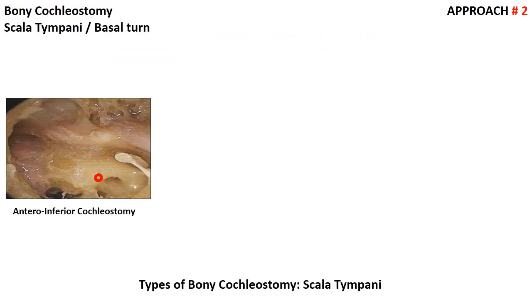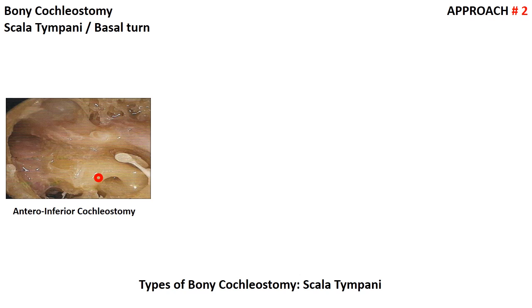So the types of bony cochleostomy, if you want to go to the scala tympani, you should be going antero-inferior to the round window. This is what is called antero-inferior cochleostomy. If you go antero-superior, you might damage the basilar membrane, the cochlear duct, and if you go more superior, you are going to go to the scala vestibuli.